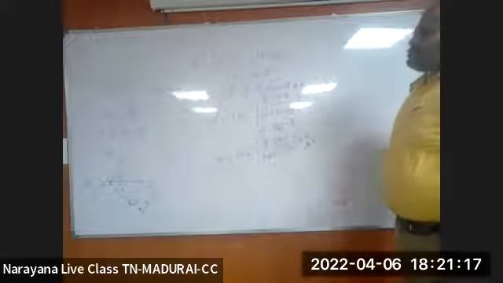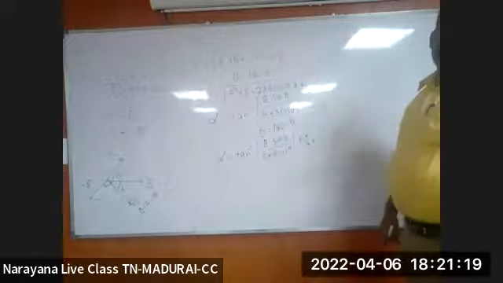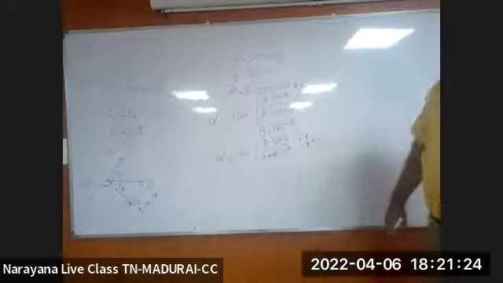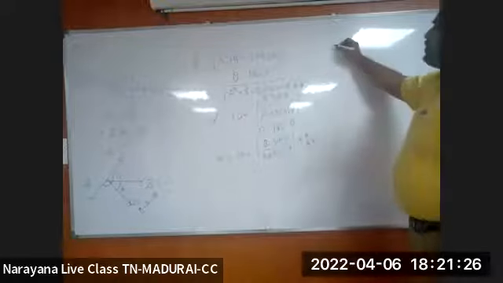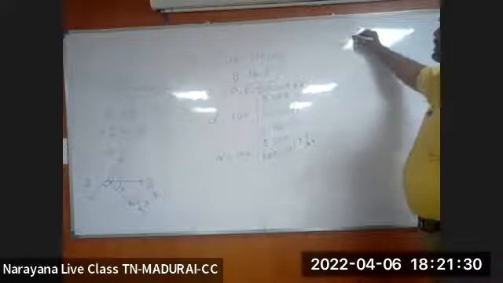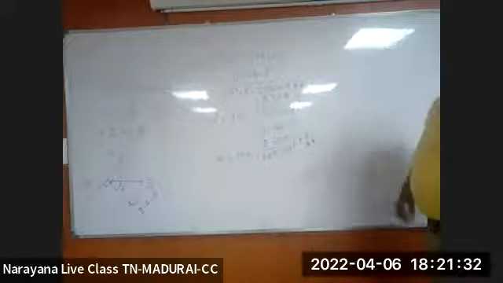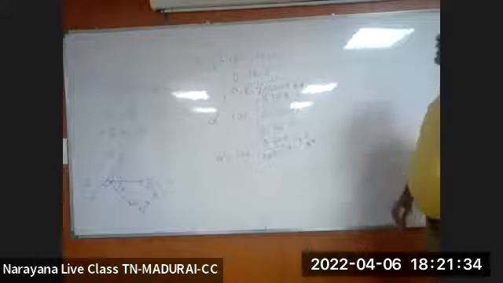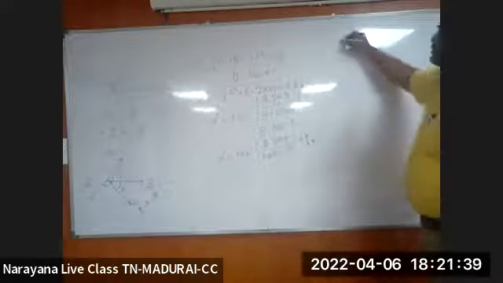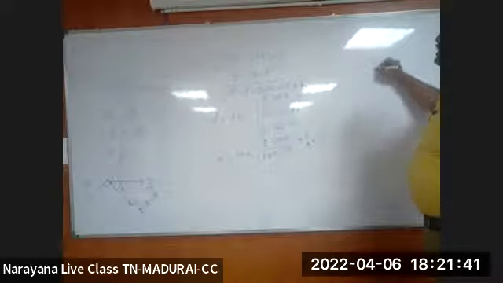And let us see some important applications of this vector subtraction. For example, here this is one circular orbit or circular road.